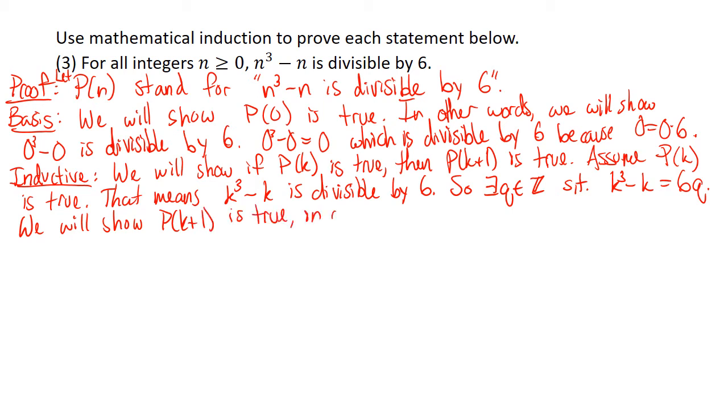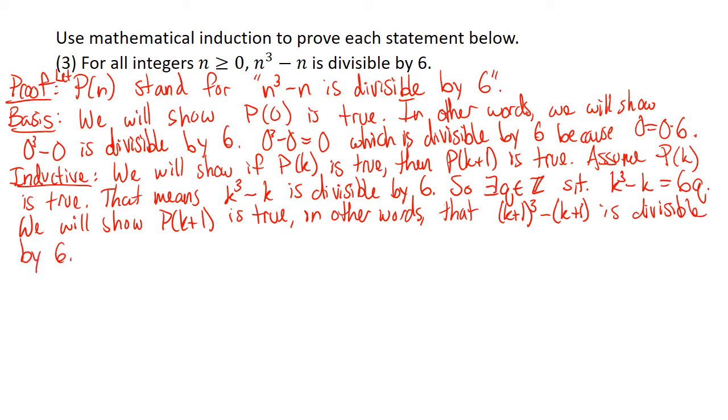In other words, that k plus 1 cubed minus k plus 1 is divisible by 6. In order to do this, the only thing I have that's really useful is the fact that k cubed minus k equals 6q.